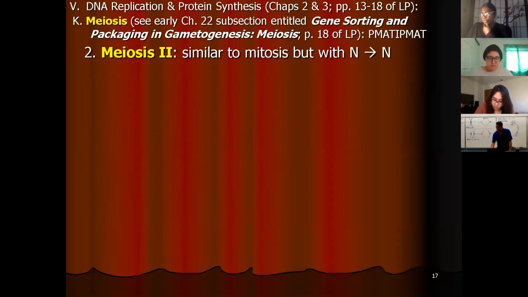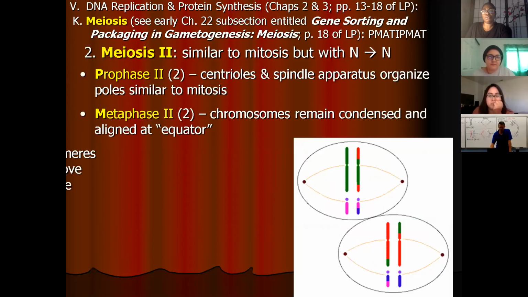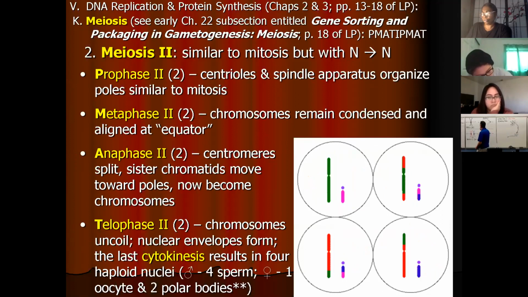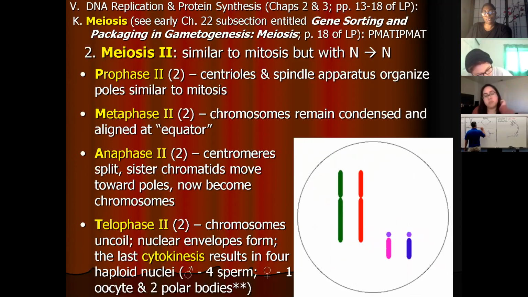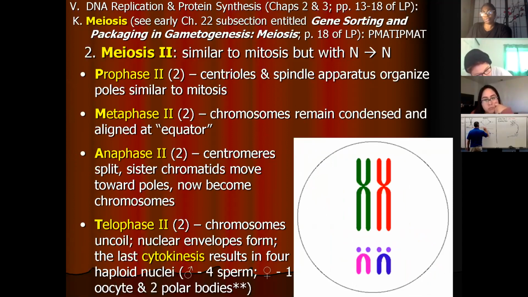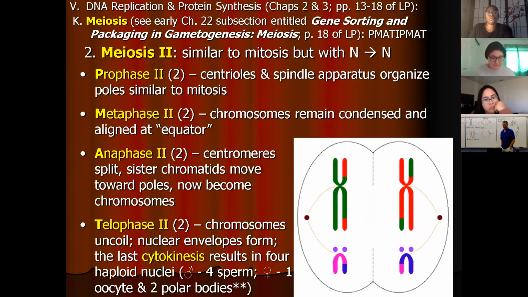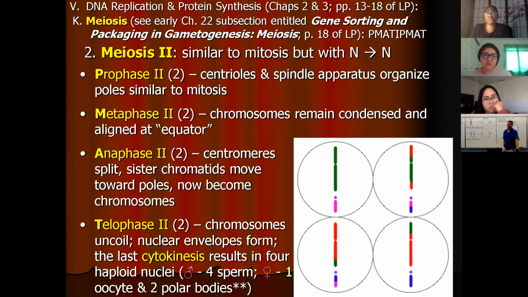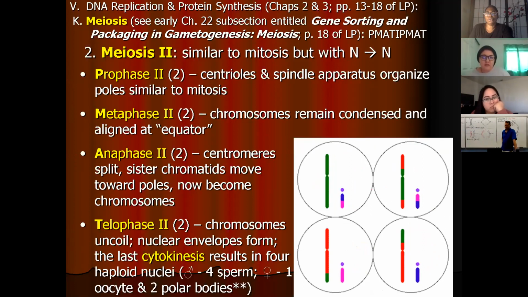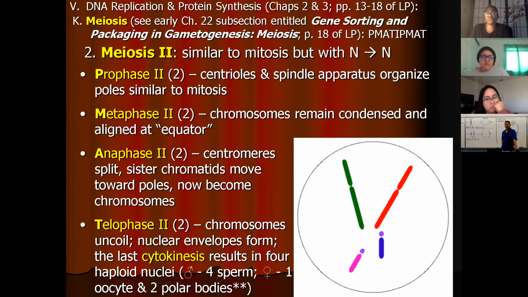Meiosis 2 is very similar to mitosis. X's are going to turn into lines. The spindle apparatus is very much the same. It's just doing it with half the chromosomes. So if you look at this animation going from 2 to 4 circles, X's become lines, and each one only has 2 chromosomes.